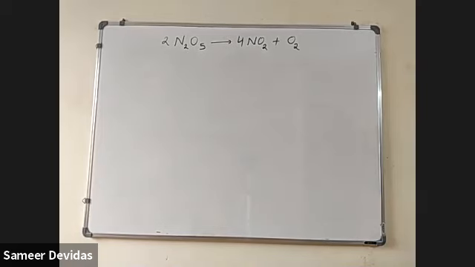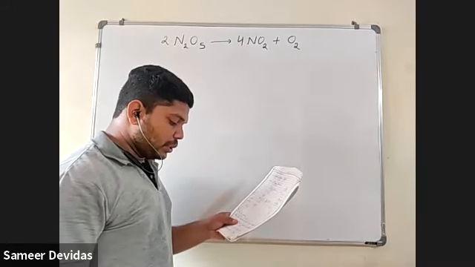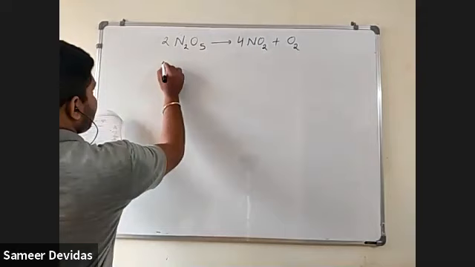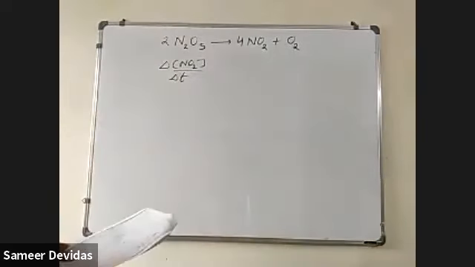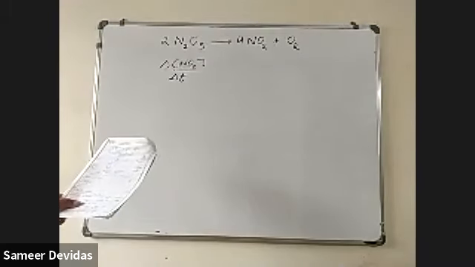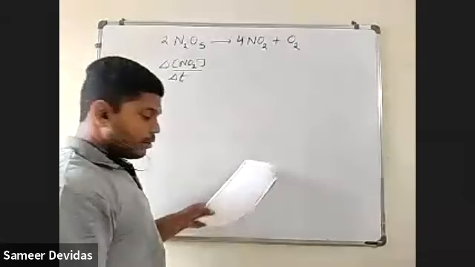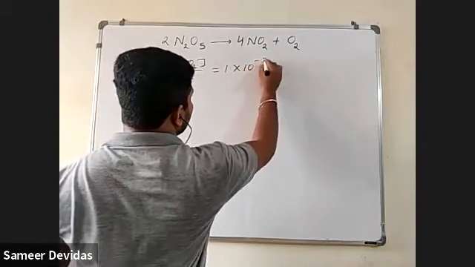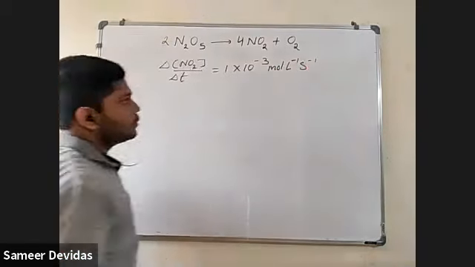Continue. The rate of reaction measured as delta NO2 upon delta T was found to be 1 into 10 raised to minus 3 mole per liter per second.